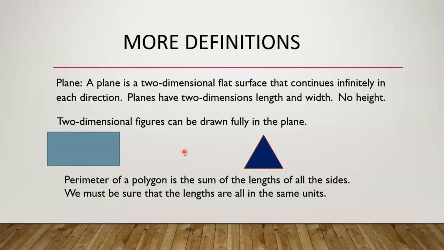From there, we can actually form what are called two-dimensional figures. Those are just figures you can draw entirely in a plane. You have a rectangle like here. This is two-dimensional, right? You can go left, right, up, down. You also have triangles. Those are two-dimensional figures. There's also this concept of a polygon.